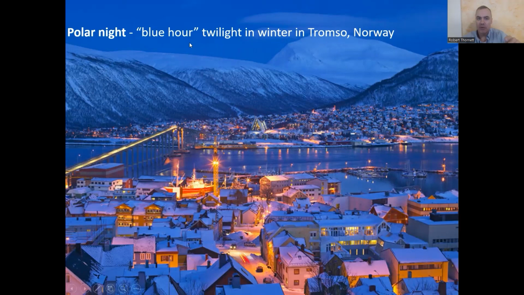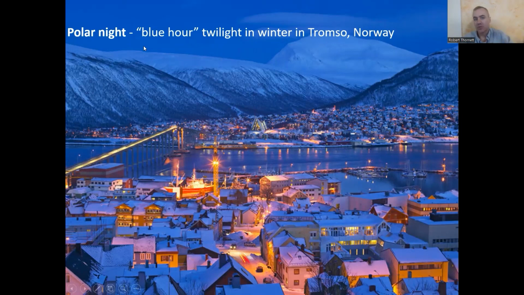And where's the light coming from if the sun never comes up during this time of the year, polar night? It's coming from the twilight over the horizon, just like before the sun comes up in the morning, you have pre-dawn twilight, and then after the sunset at night, you have that glow you can still see for a while.